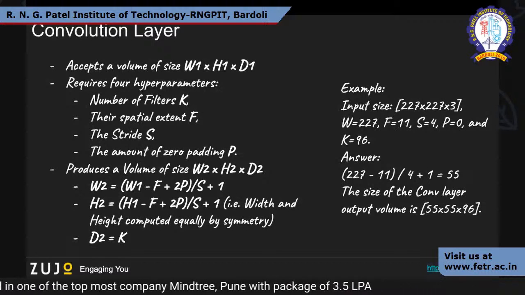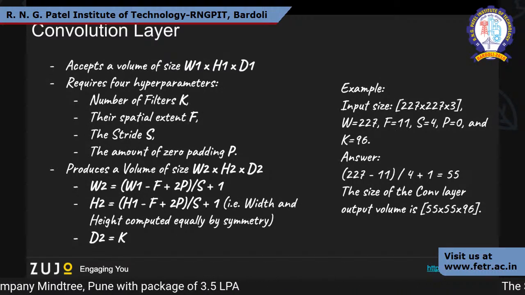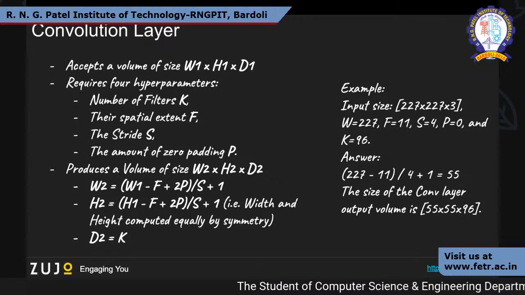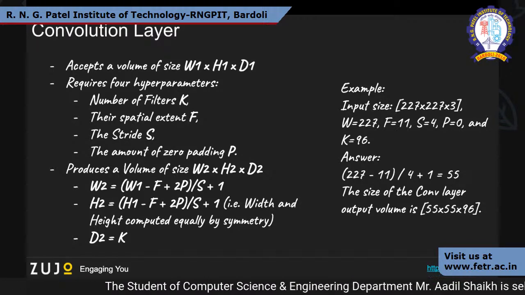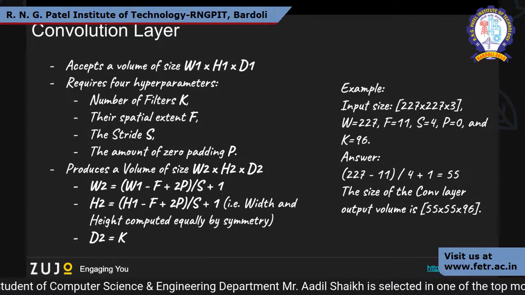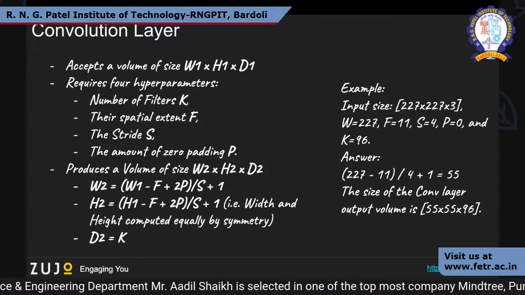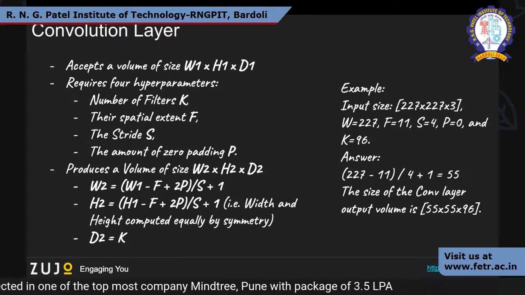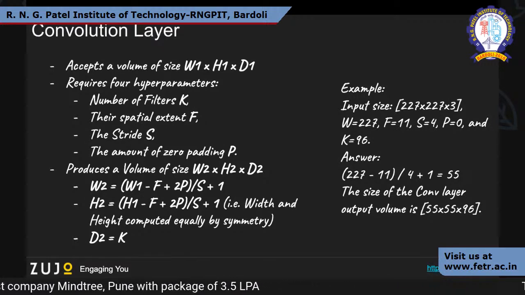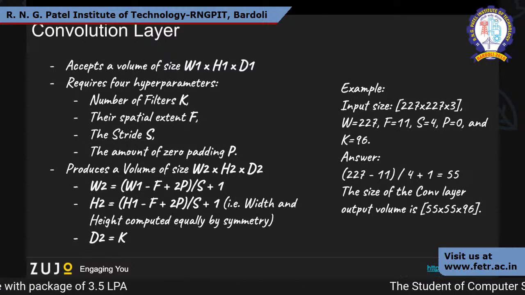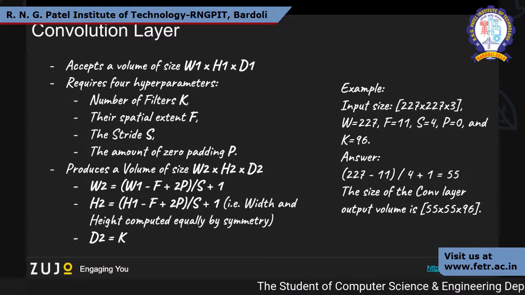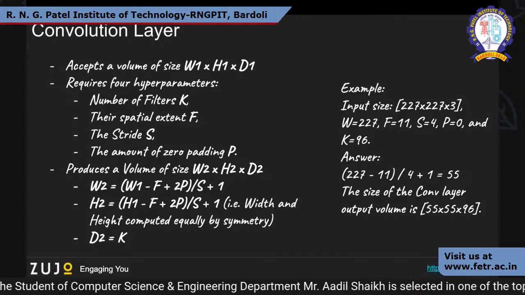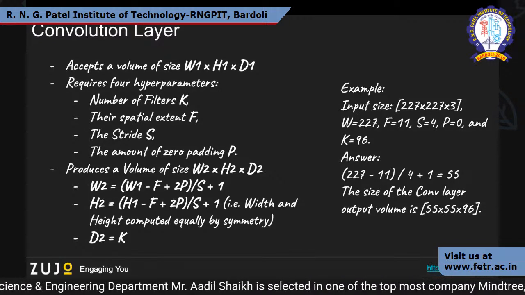So as we had seen, it basically accepts three major things: width, height, and channel, like width, which is 28, height 28 in the last case, and d is 3 basically, which is the input channel, right? It requires basically four hyperparameters. Hyperparameter is basically whatever parameter you are using to create your neural network, and it is kind of dynamic.